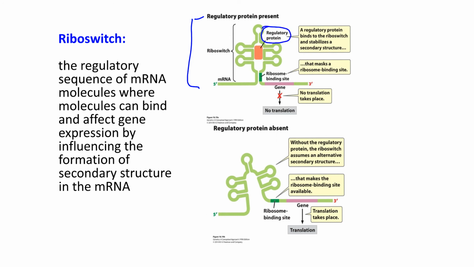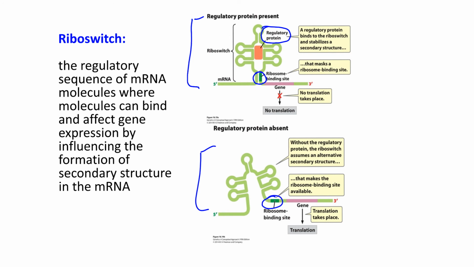In the same riboswitch, if the regulatory protein is released, the riboswitch secondary structure opens, it changes conformation, and now the ribosome binding site is open, and it can now interact with the ribosome and initiate translation of the protein.